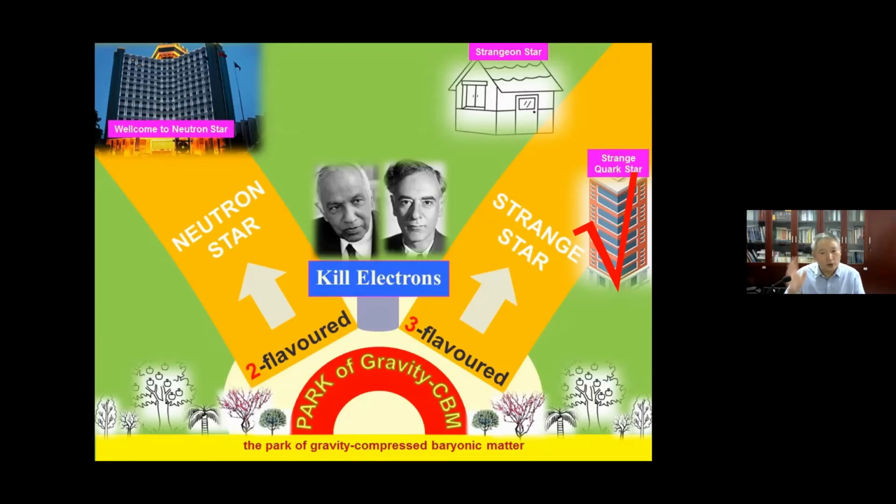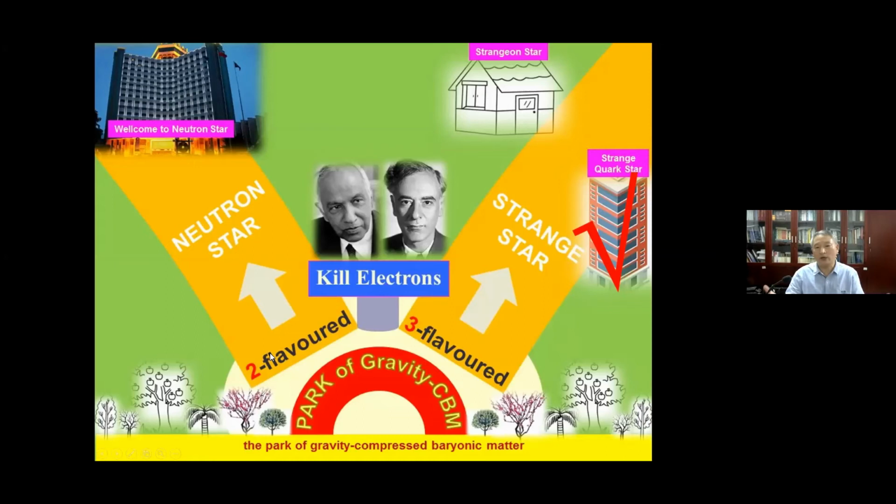And the proton and neutron are not fundamental particles. Quarks are the building blocks of proton and neutron. So this two-flavor way could be questionable.